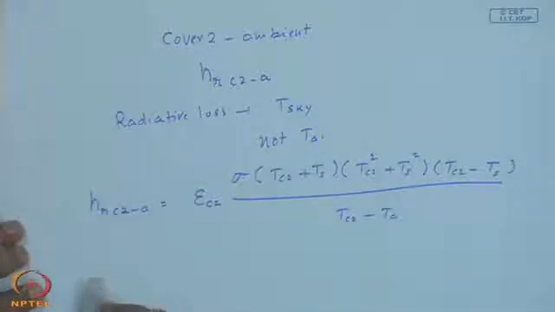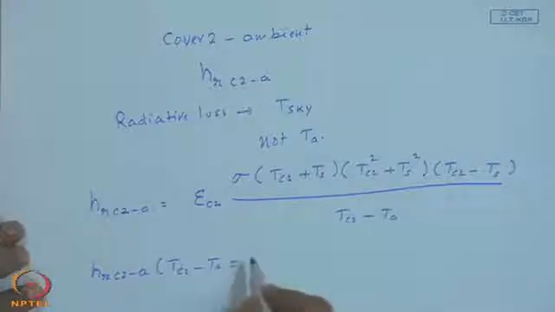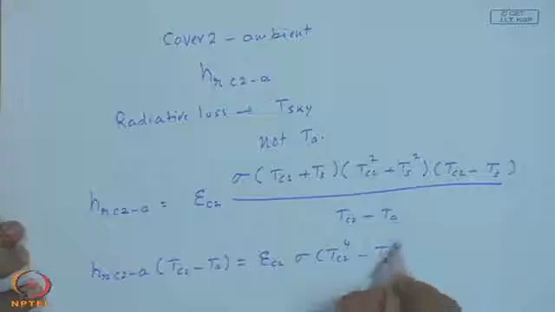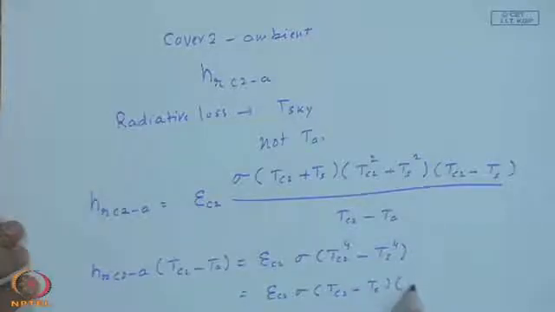What we tried to do was the radiative loss with a heat transfer coefficient of HRC2A from TC2 to TA has been expressed as equivalent to epsilon C2 sigma into TC2 to the power 4 minus Ts or T sky to the power 4, which is nothing but epsilon C2 sigma times TC2 plus Ts times TC2 square plus Ts square times TC2 minus Ts.